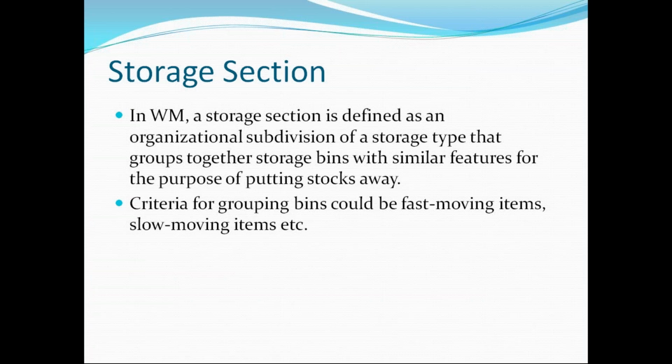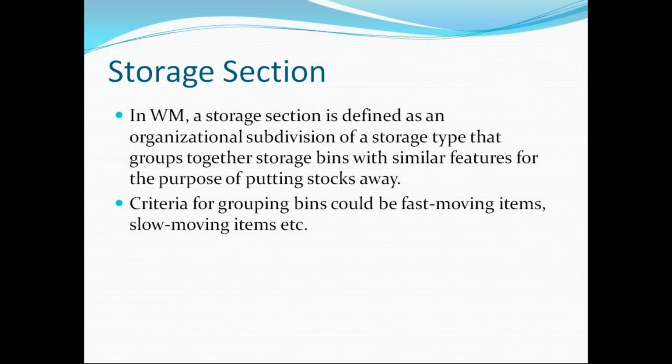For example, this storage type can be fast moving items, slow moving items, etc. In your warehouse, you will be keeping the fast moving items in the front of your warehouse, that is the front storage type. The slow moving items will be kept behind.